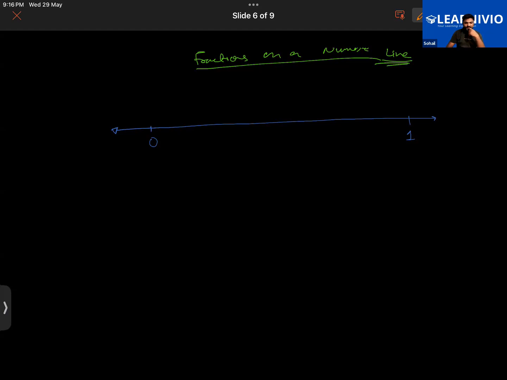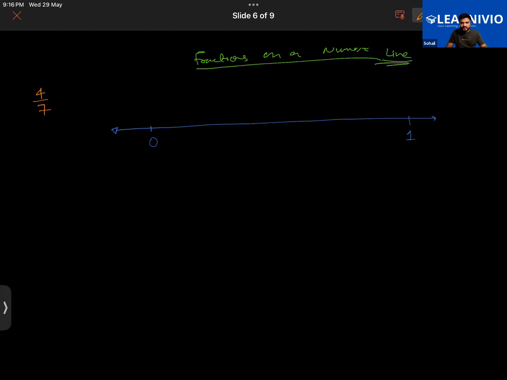For example, let's say you are asked to represent a number, 4 upon 7, on this number line.